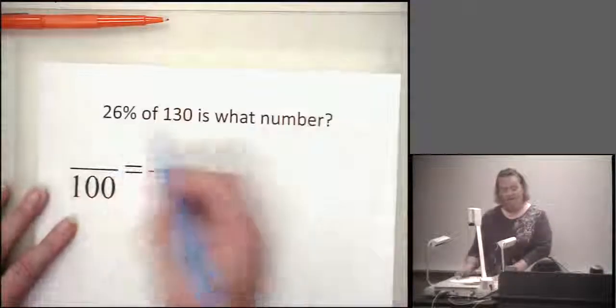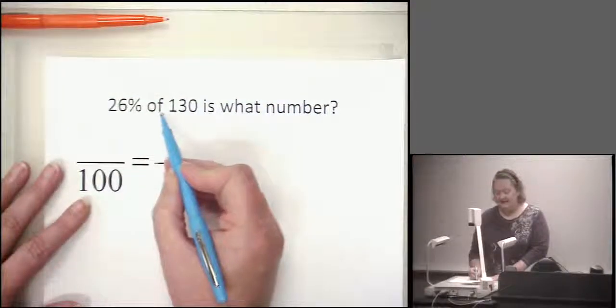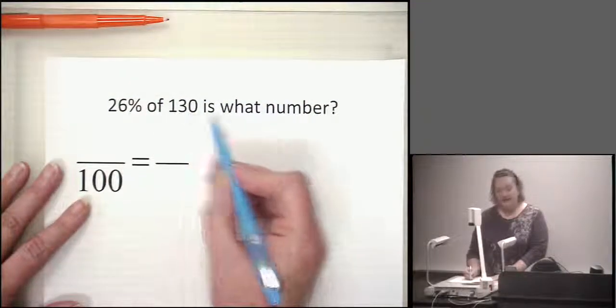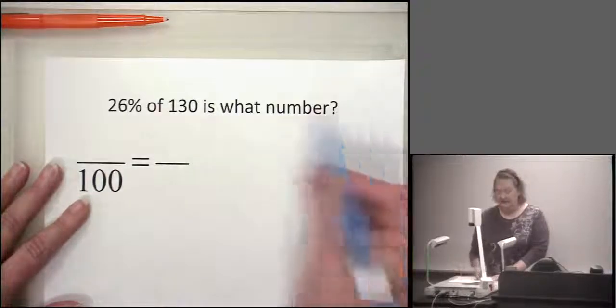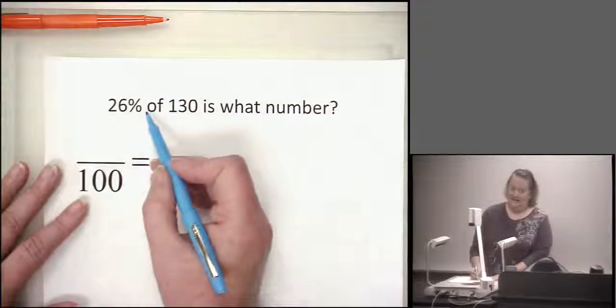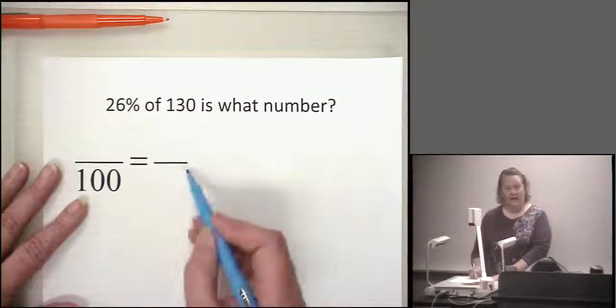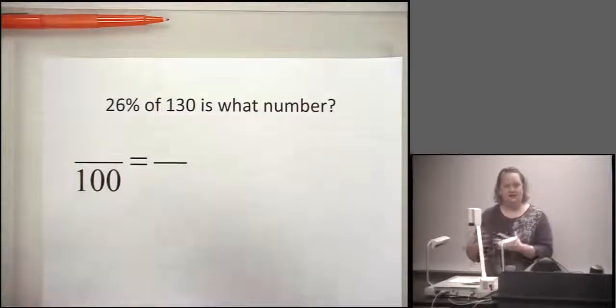Again, I look for first the percentage. 26% of 130 is what number? First thing I do is read through the problem and find the percent. Well, technically, the first thing I do is write blank over 100 equals blank. I write my two fractions first.